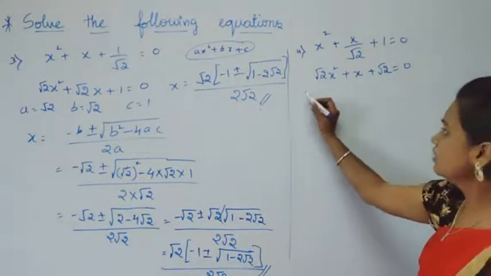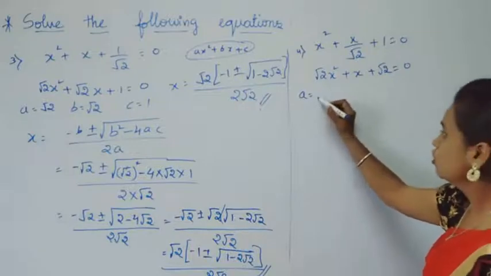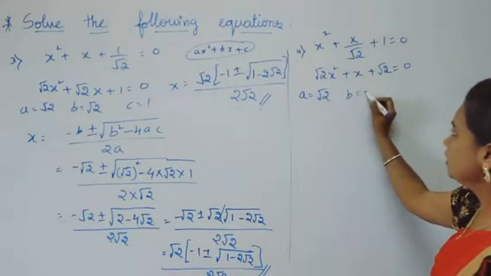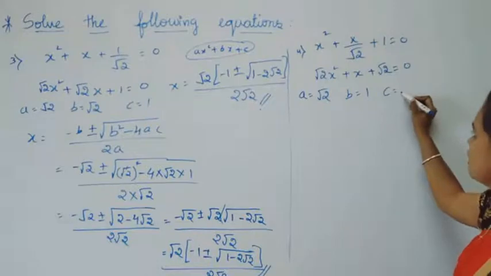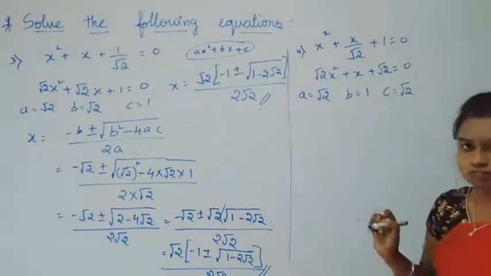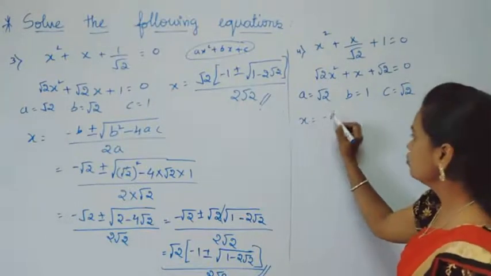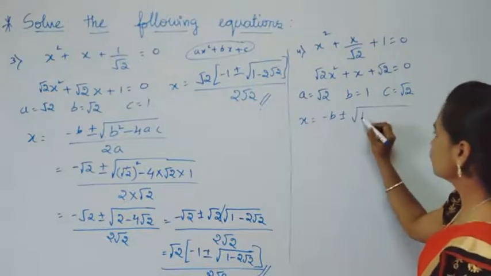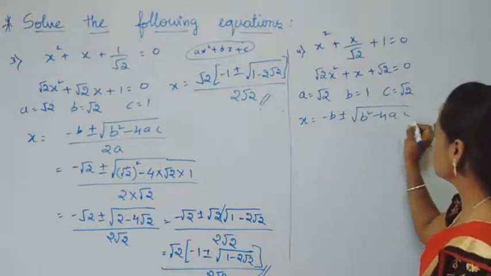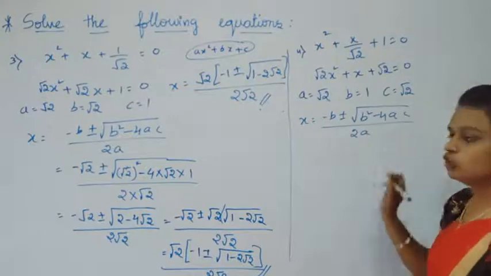Then what is the value of a here? Root 2, b is 1 and the value of c is root 2. So what is the formula? x is equal to minus b plus or minus square root of b square minus 4ac, whole divided by 2a.